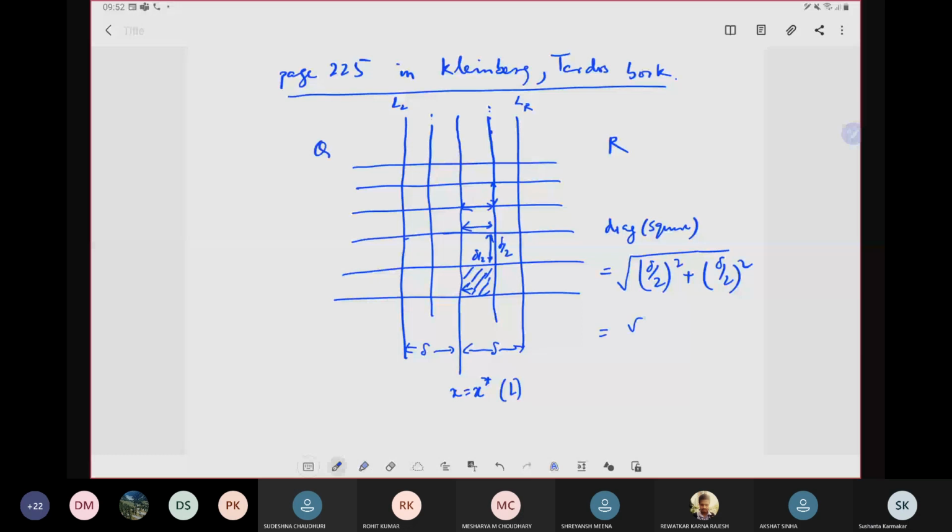That means suppose two points are inside any box, even if they are corner points along this diagonal, then their separation is smaller than delta.